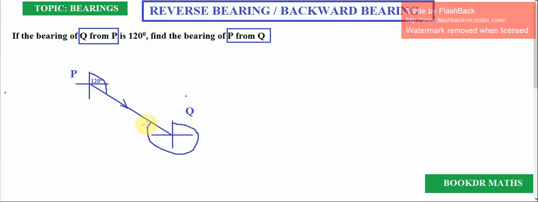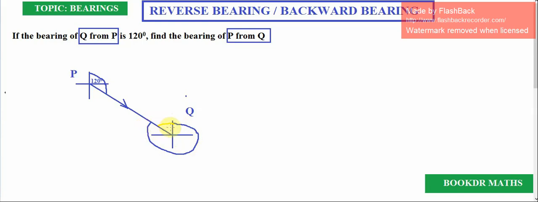One, if we know the value of the angle here, we can subtract from 360, and the remaining angle will represent the turn from the North Pole through the clockwise direction up to this line. In fact, you can see that turning from the North Pole up to this line, it is only left to this area for us to get a complete turn.